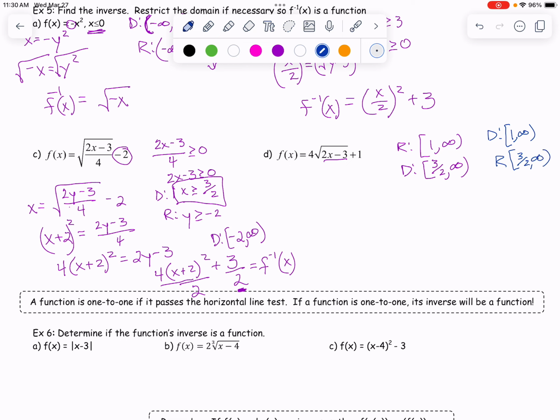Let's just see. So this is x equals 4 times the square root of 2y minus 3, plus 1. So I have to subtract 1, divide by 4, square it, and I'm left with 2y minus 3.